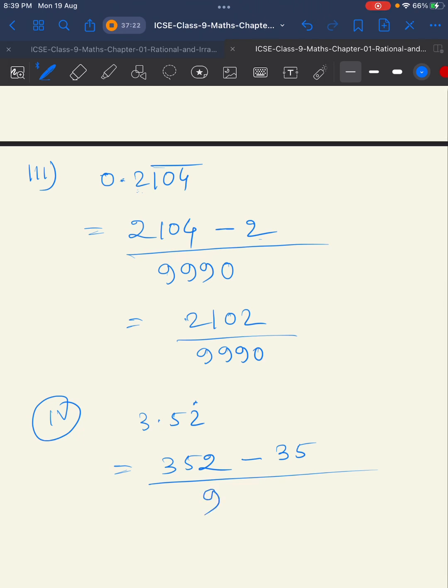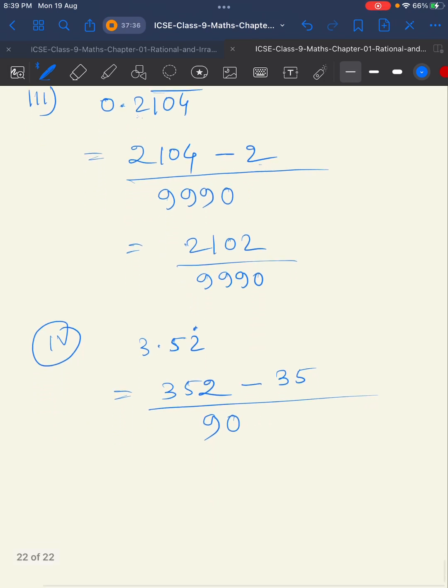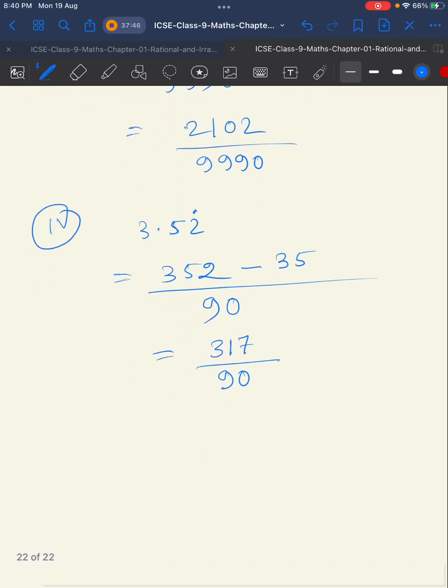Now in the denominator we have 9 for the digit which has a bar, and after the decimal there is only one digit which has no bar, so for this digit 5 we write 0. Okay, now we subtract, so we will get 317 by 90. Okay, so we can divide 317 by 90.